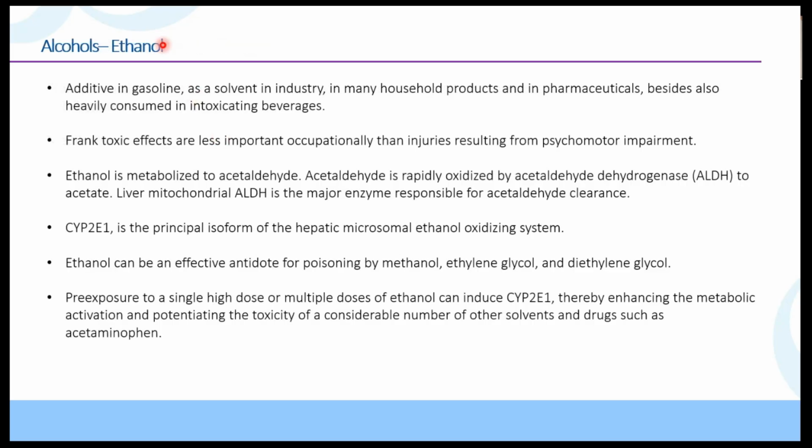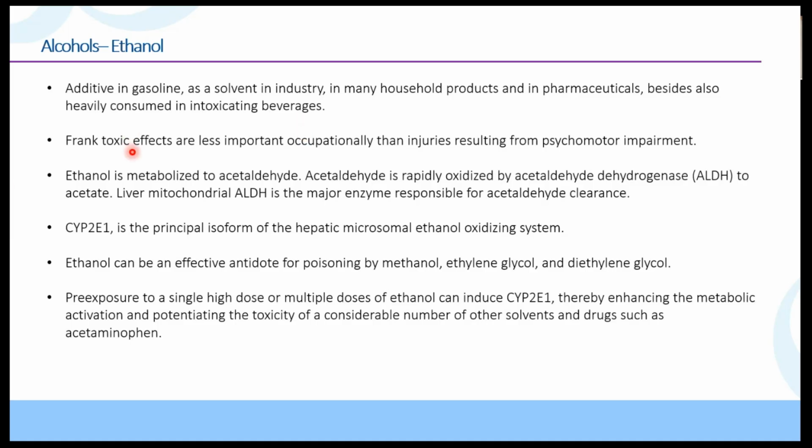Then moving on to the next class of chemical solvents. This is alcohols, and the first example is ethanol. So this is used as an additive in gasoline, as a solvent in industry, in many household products, and in pharmaceuticals. Besides, also heavily consumed in intoxicating beverages.